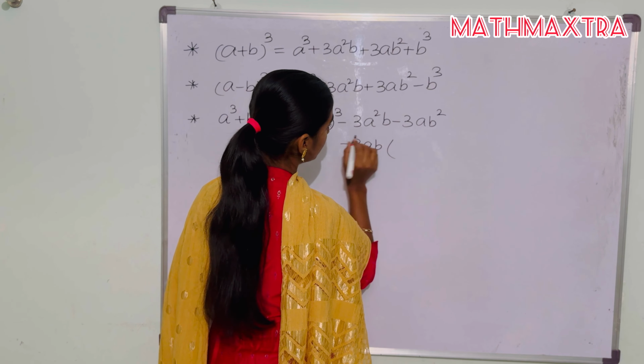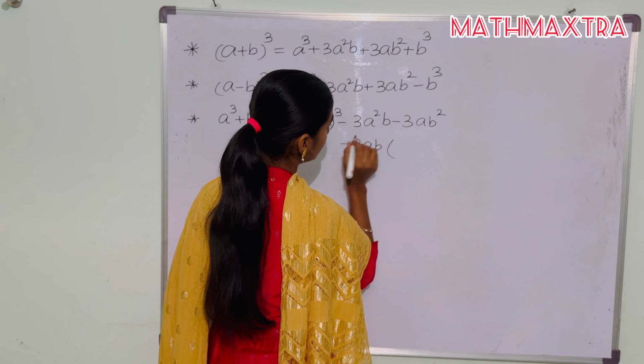Okay. And from this expression, what is a cube minus b cube? See, a cube minus b cube. You keep these two terms this side and take the remaining terms this side. What happens? A minus b whole cube, and this minus 3a square b will become plus 3a square b, and this plus 3ab square. How can you write a cube minus b cube, which is equal to a minus b whole cube, and take these two terms this side, which is plus 3a square b and minus 3ab square, right?